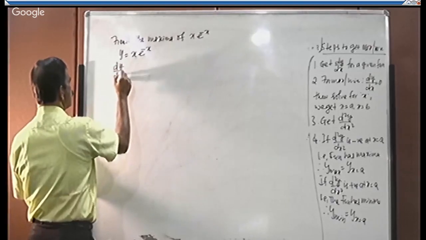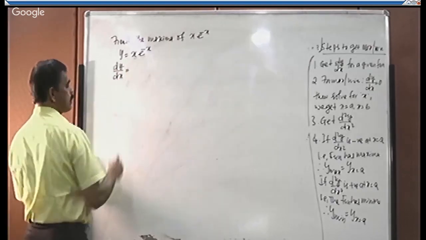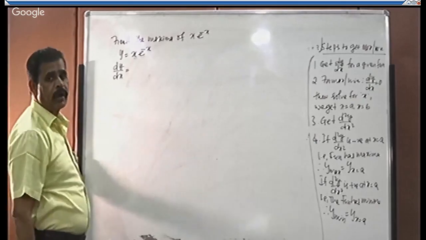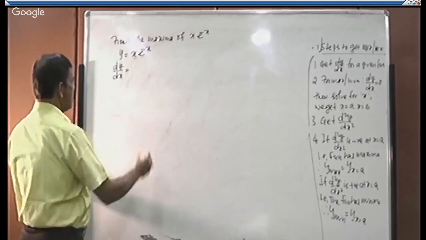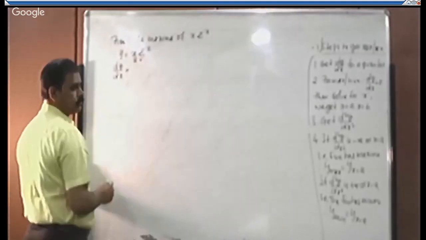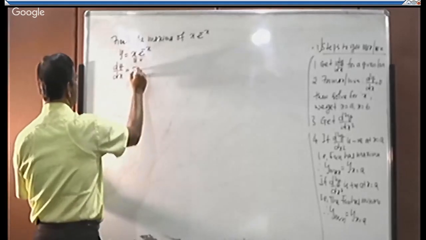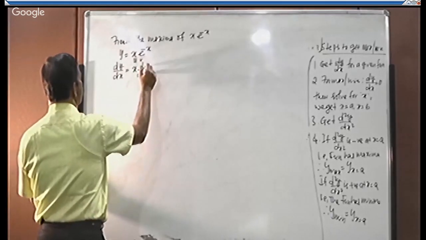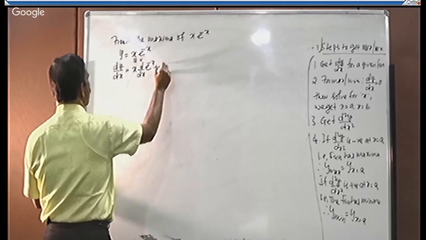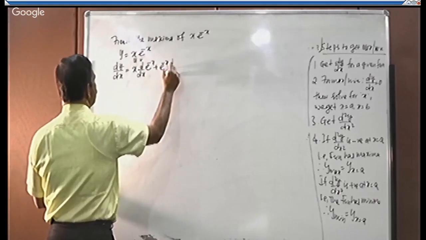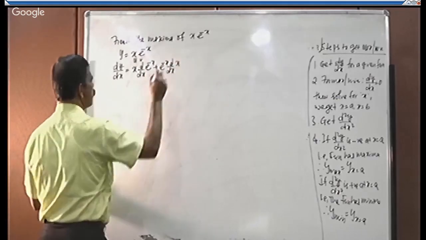Differentiate it. How to differentiate this? It is x into e power minus x. Use the product rule: first function into d by dx of second, plus second function into d by dx of first.